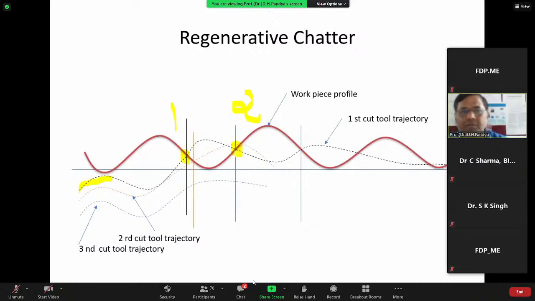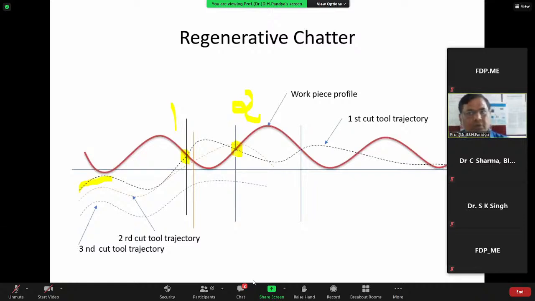There are a number of mathematical models that have been created. If we talk about the history of chatter, first of all the term machine tool vibration was introduced by F.R. Taylor in the 1950s, and from 58 onwards the particular word chatter became popular in the researcher community. A number of mathematical models followed, but a more reliable model is yet to be developed by researchers, because there is a lot of non-linearity in the system.